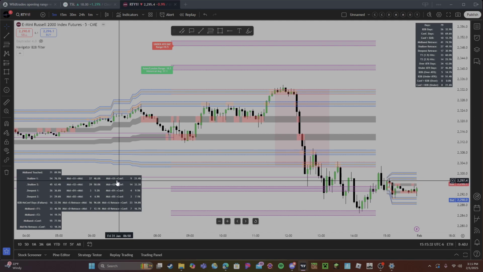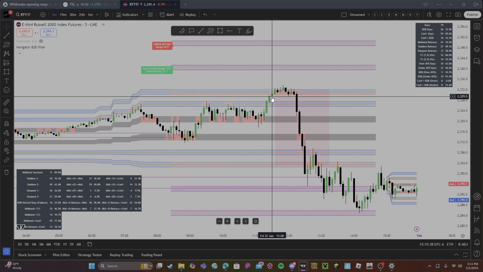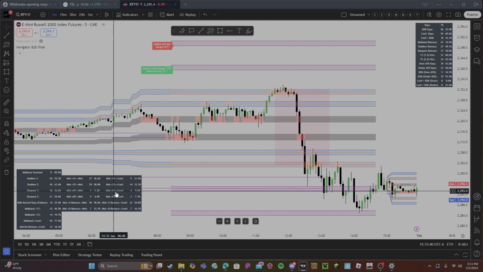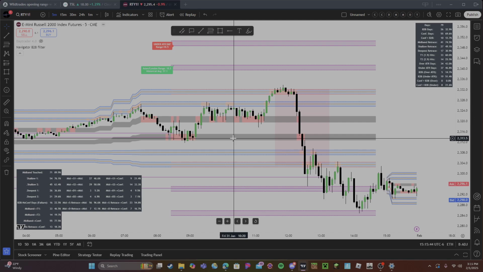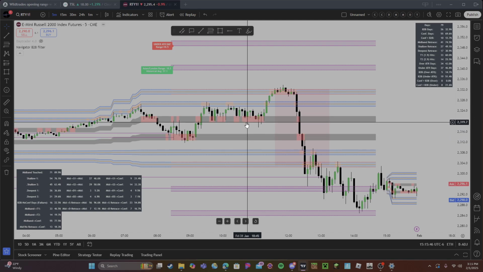Same thing for the confirmation. Of the times it has gone from the mid to shallow 1 up to confirmation, it's only happened 9 times, where 14 times it has done that to shallow 2.